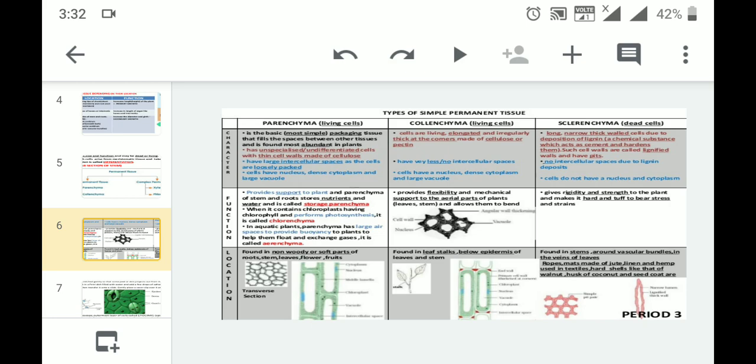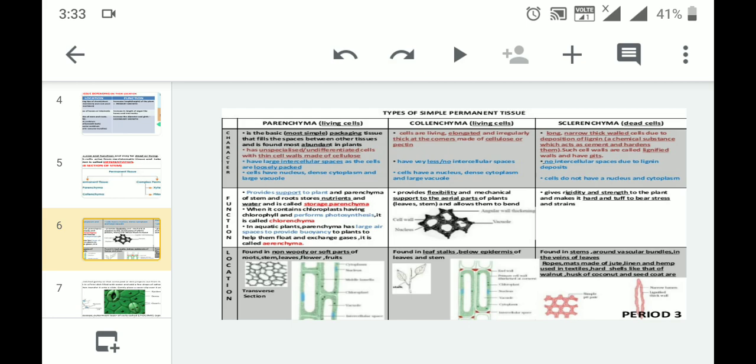The basic and most simple packaging tissue that fills the spaces between other tissues and is found most abundantly in the plant is parenchyma. Whereas in collenchyma, cells are living, elongated and irregularly thick at the corners, and they are made up of cellulose or pectin.